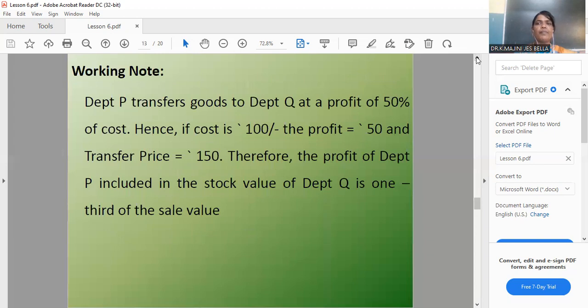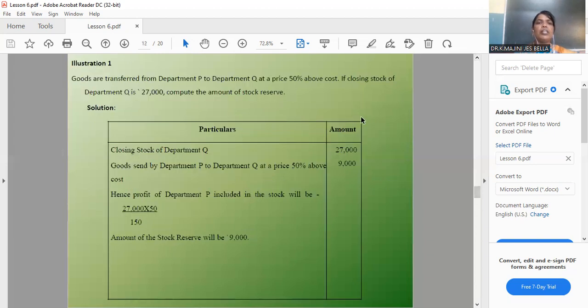We can see the computation. First, closing stock of Department Q. How much is the closing stock? See the question. If the closing stock of Department Q is 27,000, right? So just put two columns, particulars column and amount column.